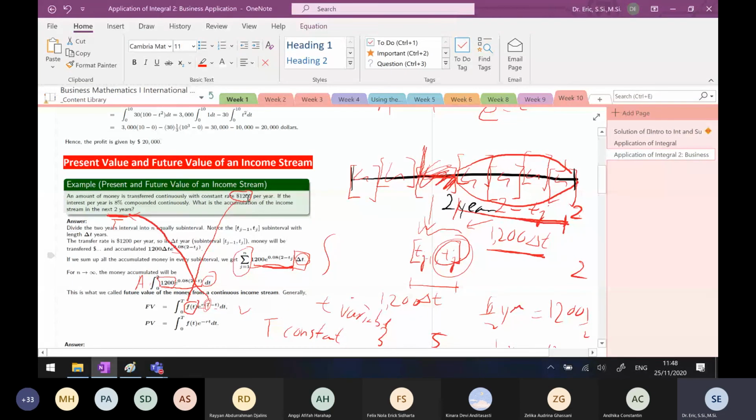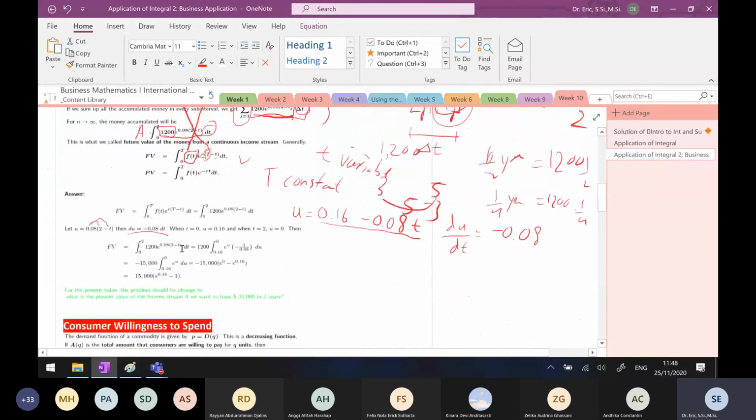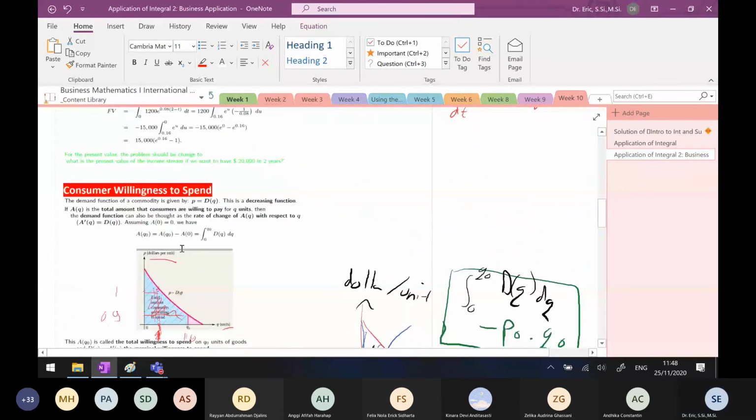It doesn't have to be constant. It can also be 1,200 times T, depending on T. It can also happen like that. When the function is not a constant, you can find it in the homework for next week. I have posted it at 11 just now.